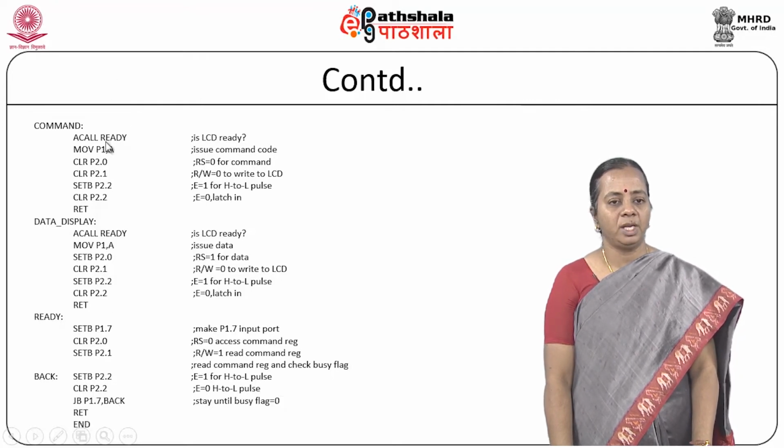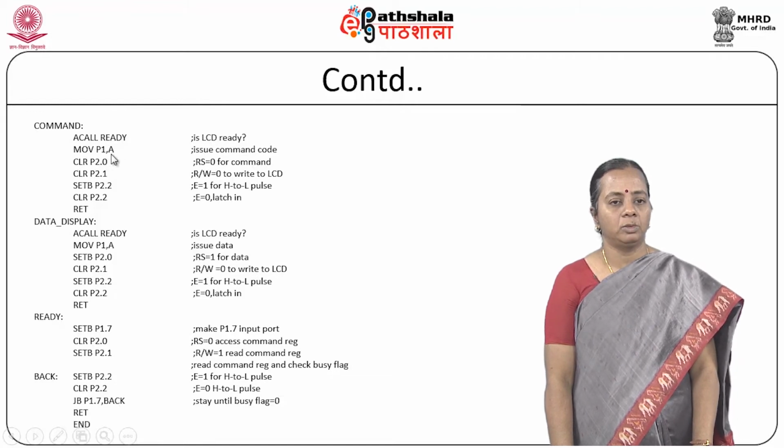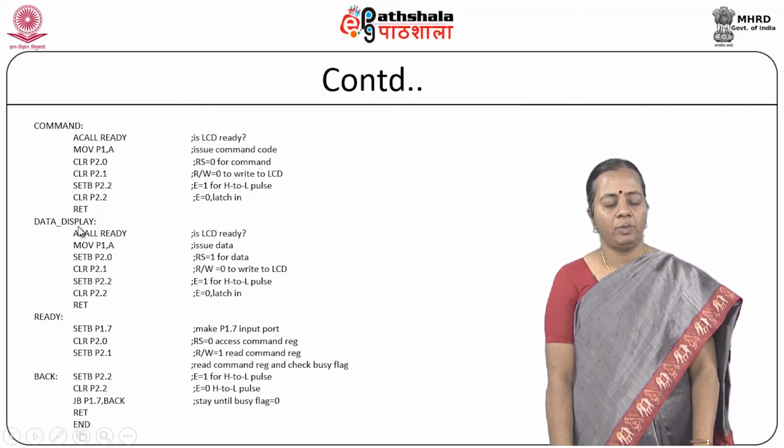If it is ready to accept, then I will send whatever data I wanted to send from A to P1, and I will be setting RS equal to 0, R/W equal to 0, E a high to low pulse, and then I will be in a position to write it. When you are looking at the data display also, I will first call the ready routine. The ready routine checks whether the busy flag is there, by checking whether P1.7 is equal to 1 or 0.